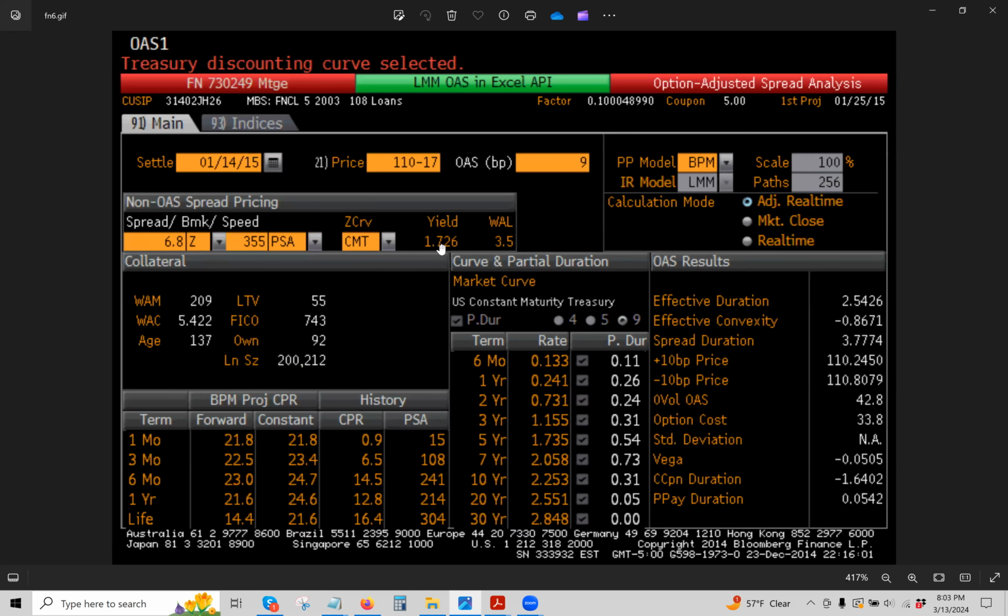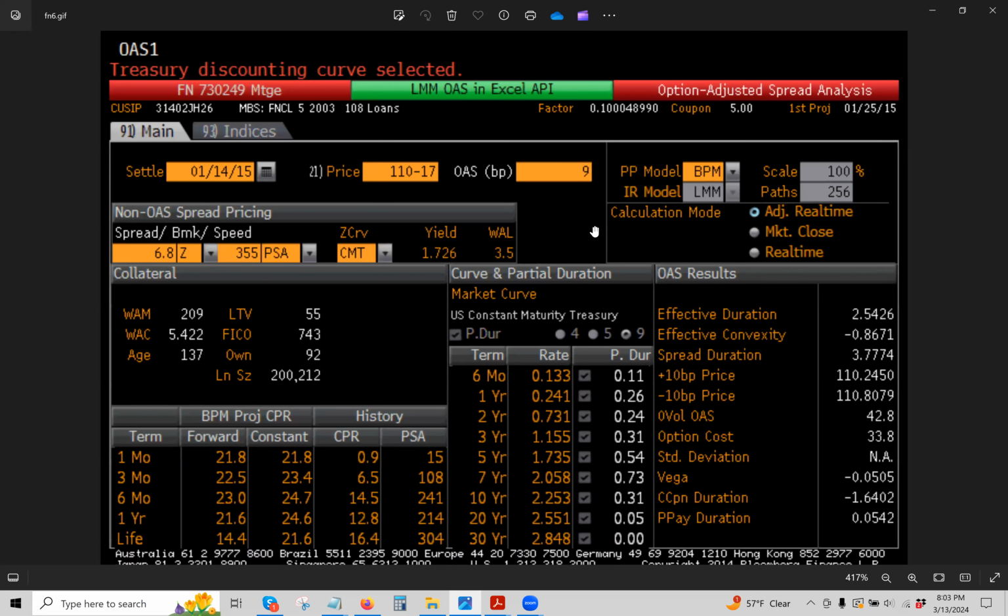This is more along the lines of investor related information, but also good to know, because even here, as you see, there's a collateral section. It kind of gives you the LTV, loan to value ratios, and the FICO, giving you averages relating to the information. So it's good information to have.